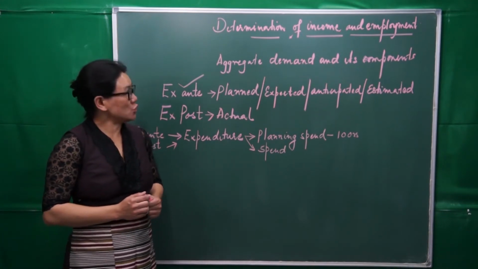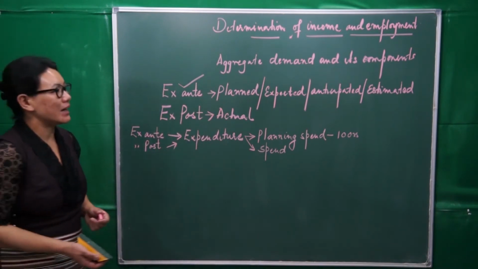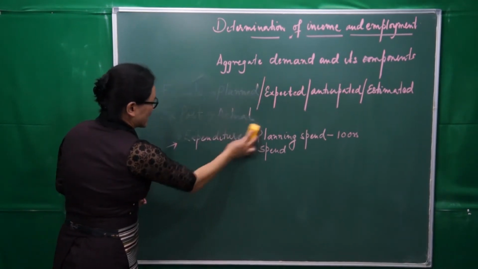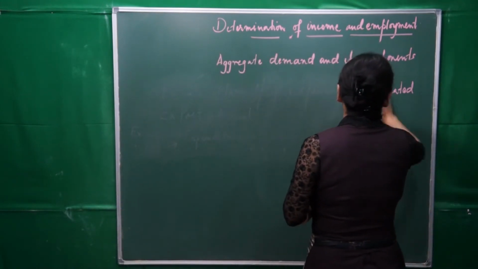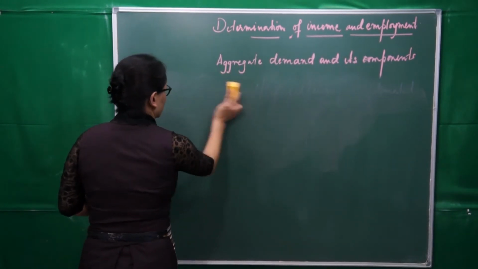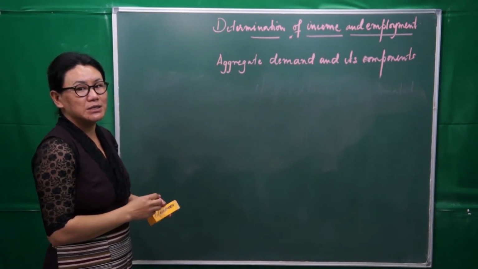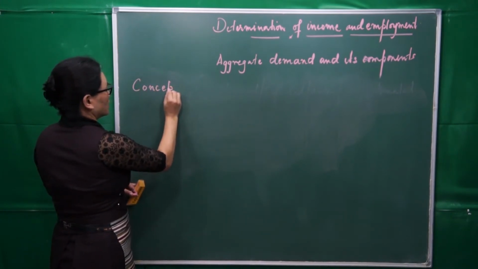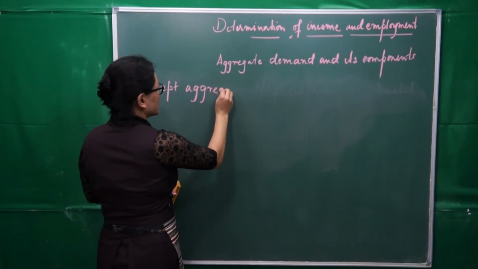Now, we go into this chapter, Aggregate Demand and its component. The first concept in this chapter is about aggregate demand. We need to study the meaning of aggregate demand here. Now, what is this aggregate demand?